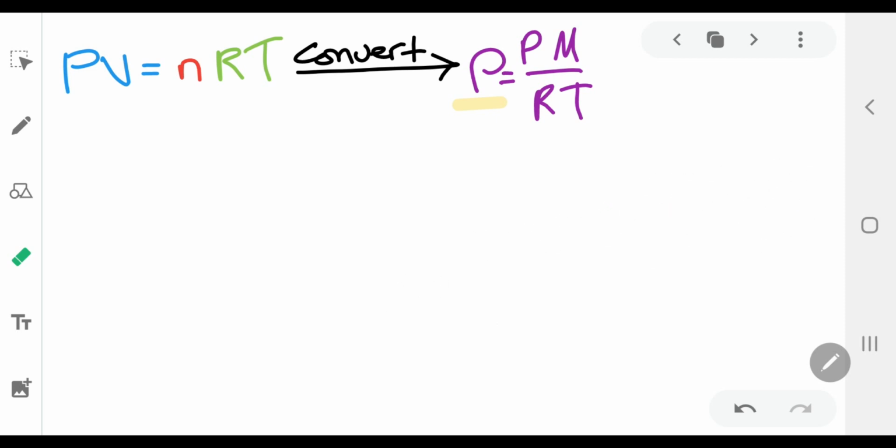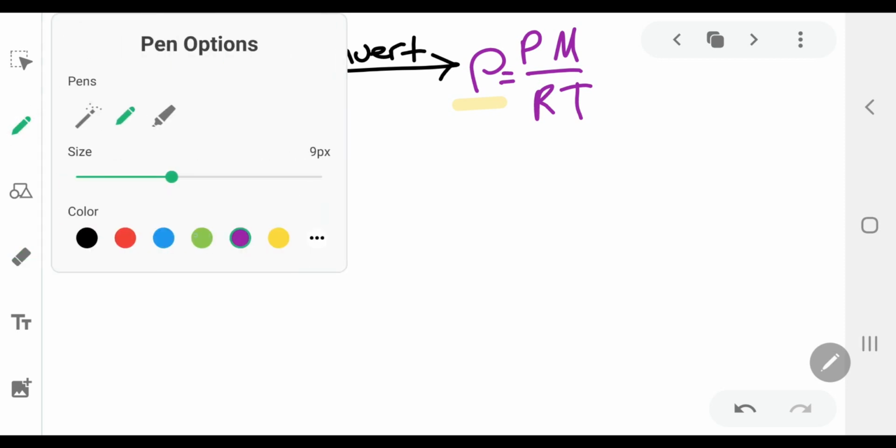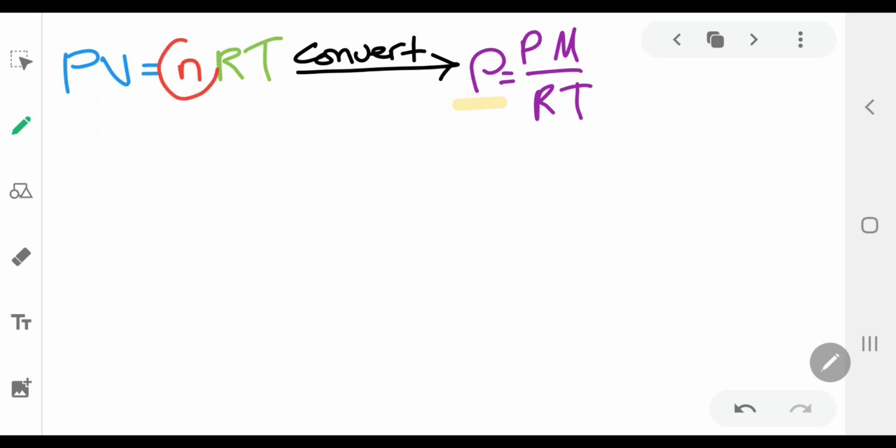Now, how do we do the conversion from PV equals nRT to density equals PM over RT? The first thing we need to look at is the small n over there.